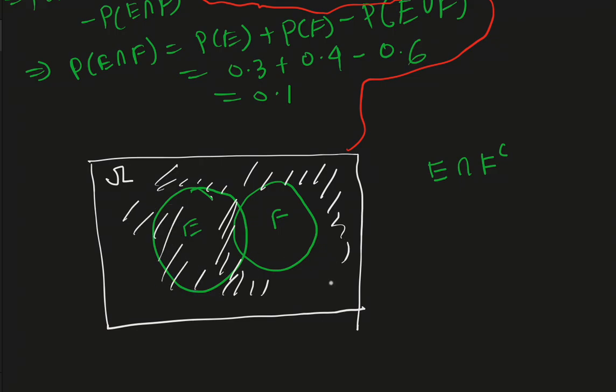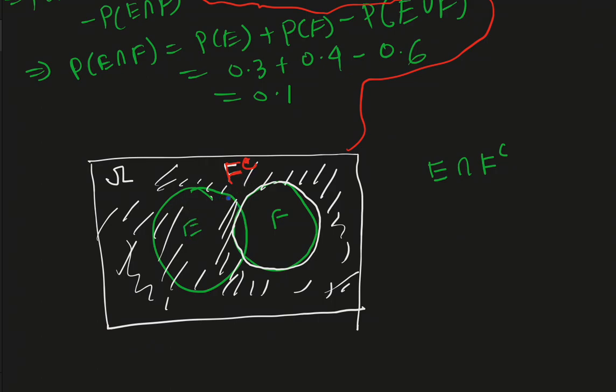That means it includes all those things and only excludes the F. That is F complement, right? Now we want to know what is the intersection between F complement and E. What is the common area between F complement and E?